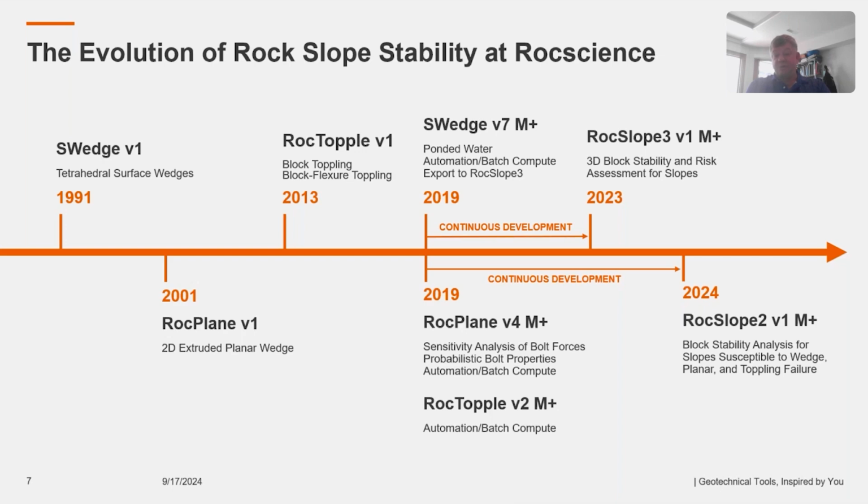And then this year, we've released RocSlope2, which is basically a reimagining of S-Wedge, RocPlane, and RocTopple. To me, I look at it as, if I could roll back the clock to 1991, this is the product that I would make. And I'll get into a little bit of the reason for that.